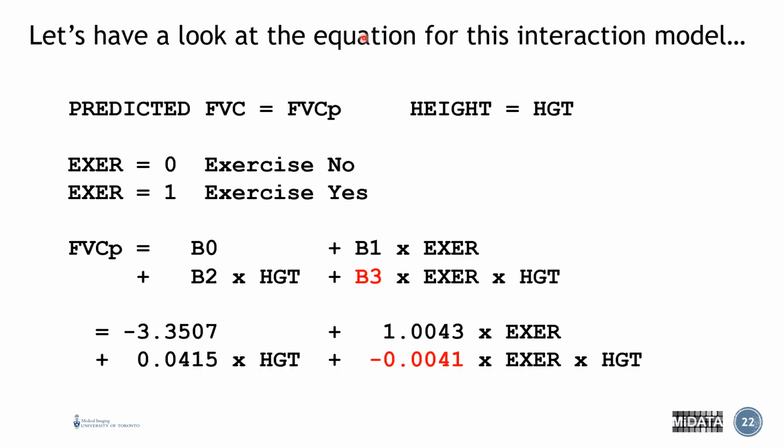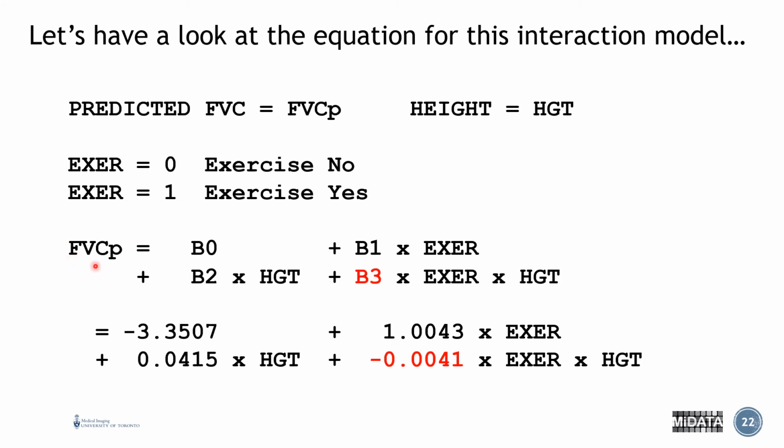Let's have a look at the equation for this interaction model. Now, the predicted FEC, we're going to call FECP. Height, of course, short, as you know, is HGT. Exercise can be 0 or 1, which is essentially no or yes. Now, here's the full equation.